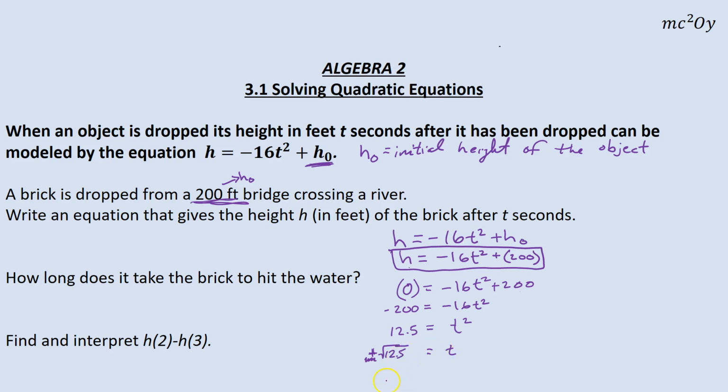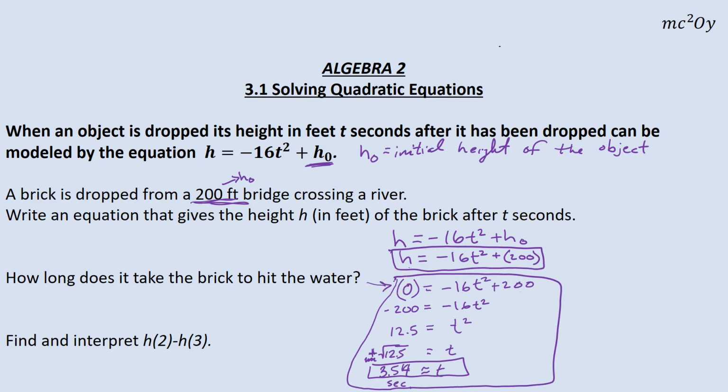In fact, if you round it, it's 3.54. Oops, 3.54 is the approximate time. Okay, so it takes about 3.54 seconds to hit the water. All right, let me go ahead and circle that.